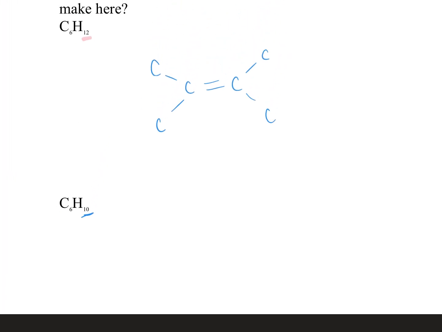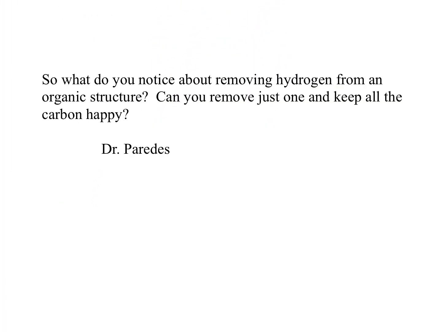So I hope that this demonstrates a little bit for you all about how to put these molecules together. So as you remove hydrogen, you do have to remove 2 of them at a time. So just one is a big no-no. And that way you can keep your carbon happy. Thank you very much.